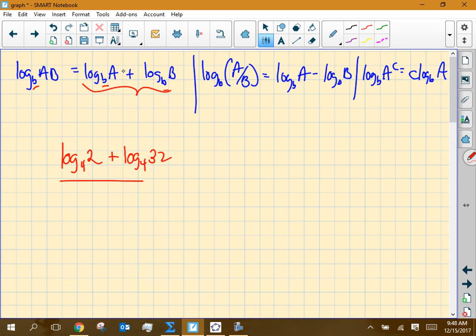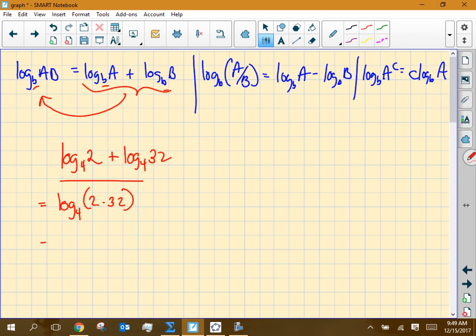You've got two things you're adding together, a and b, right? Logarithms are both 4. They're both the same base. So should I be able to take that and condense it down to something that looks like that? Yes. Okay, so this thing should equal log base 4 of 2 times 32, right?